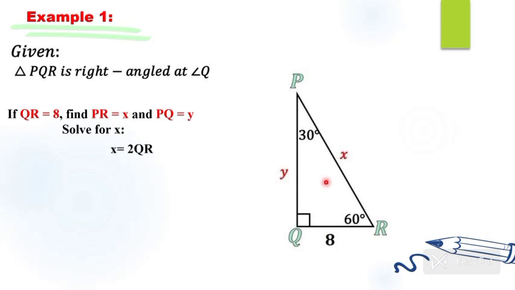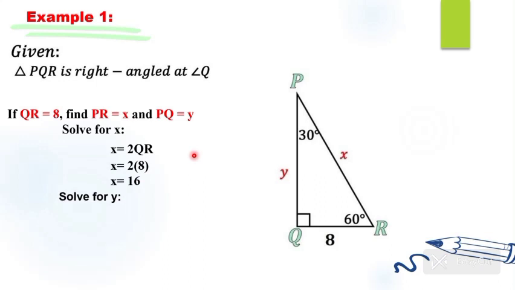Since we know that our x, or our hypotenuse, is equal to 2QR, then we could substitute the QR, since it is given. Now we have x is equal to 2 times 8. So 2 times 8 is equal to 16. So, therefore, our x here is 16.